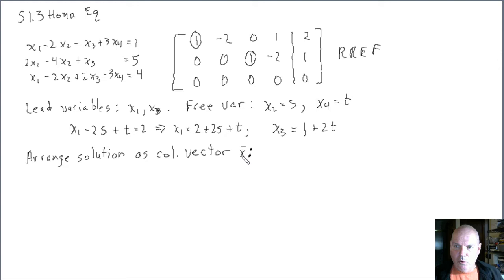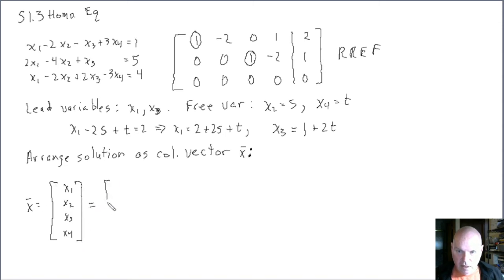Can't do bold on a whiteboard, so I'll typically draw a bar over a variable to indicate that it's a vector. And so our unknown variables are x1, x2, x3, and x4, and these are the elements of our solution vector.